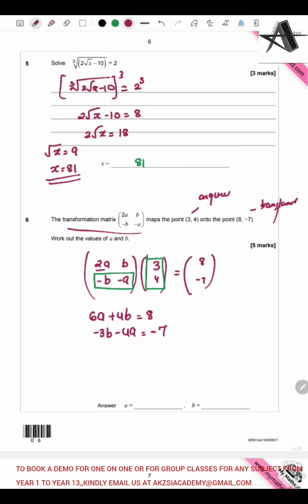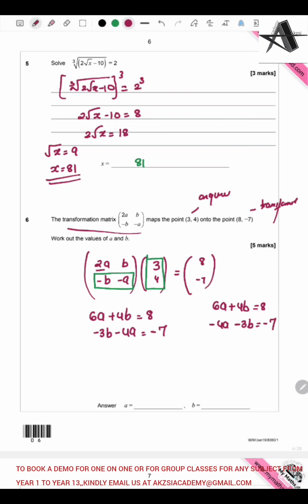We have a simultaneous equation. We just need to calculate the value of a and b using the simultaneous method. So let me use the elimination method, where we have to make the coefficient of any one of the variables the same. First let me write down the variables: 6a plus 4b equals 8. Now I write the variable a just below it, which is 4a, and negative 3b equals negative 7.